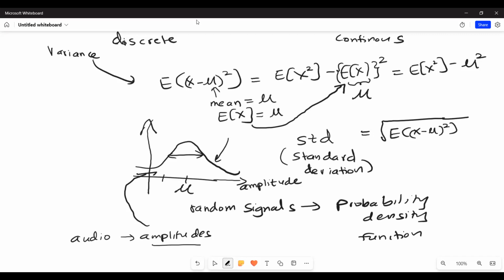There are some useful random variables that we use to define signals every day.